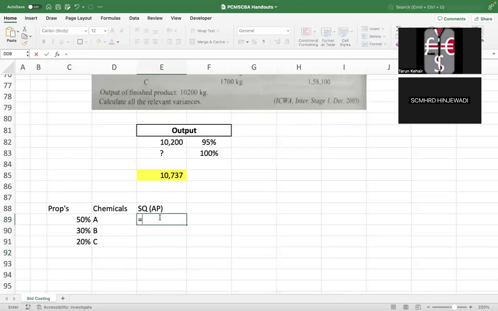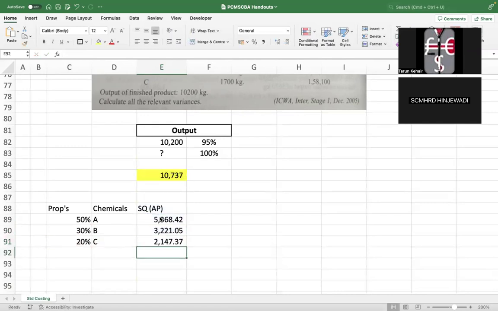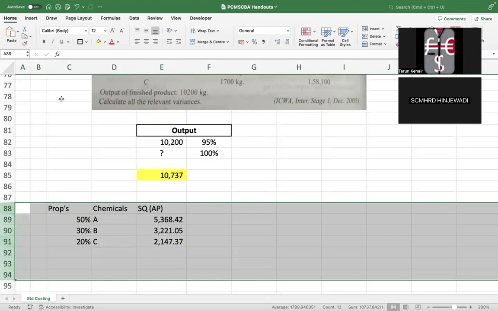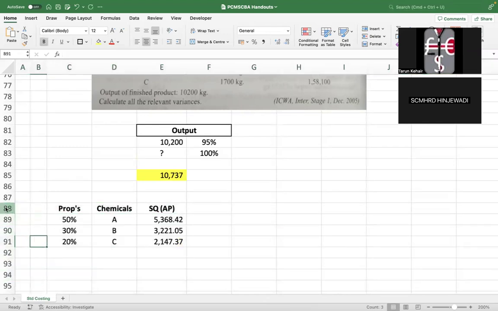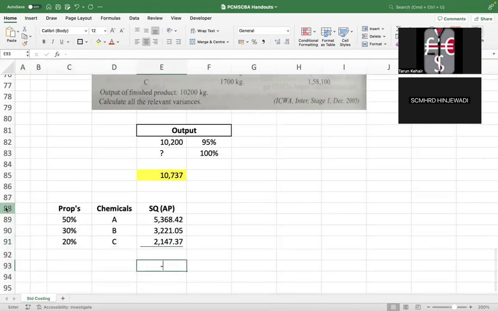So that will become 10,737 into 50%, 10,737 into 30%, 10,737 into 20%. Correct? So when you add this up, what should you get? You should get 10,737. So I will just add it up. So that makes it 10,737.